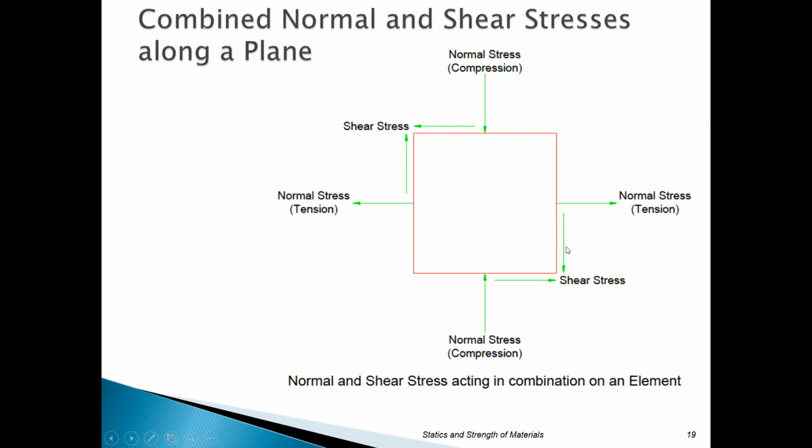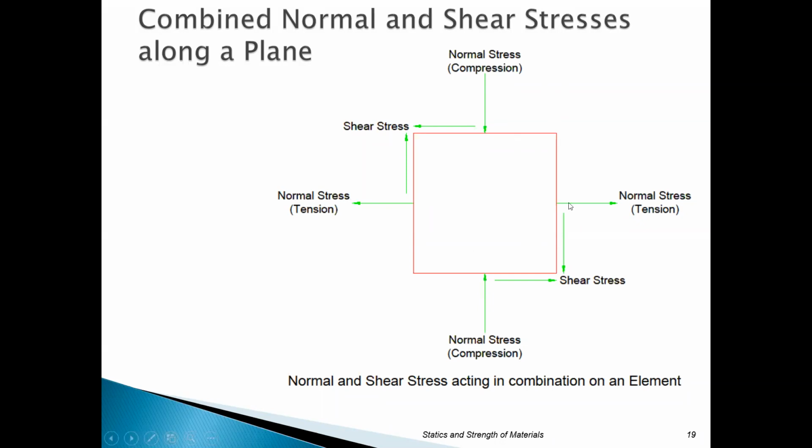And we have an X face over here and an X face over here. This is also a normal stress, and in this case, I've indicated tension. Now you could have compression in both directions, tension in both directions, or tension in one direction and nothing going on in the other direction. It just depends on what's going on.